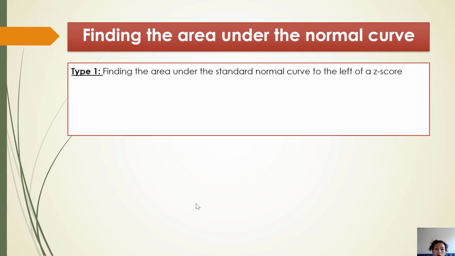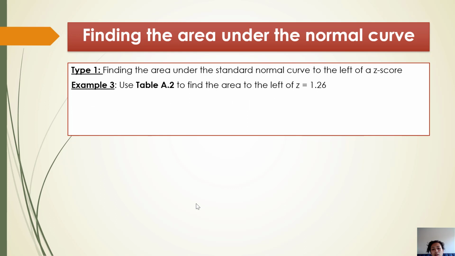Let's go over the first type, finding the area under the standard normal curve to the left of a z-score. Let's look at this example. Use table A2 to find the area to the left of a z-score of 1.26. To give you the best illustration, I draw the standard normal curve, and on the z-axis I mark 1.26, the z-score.